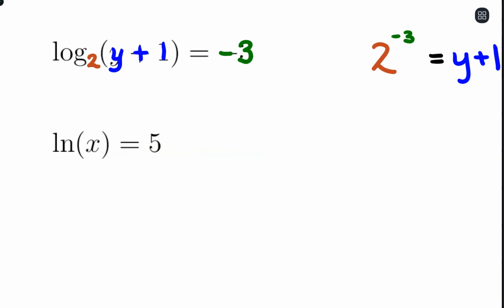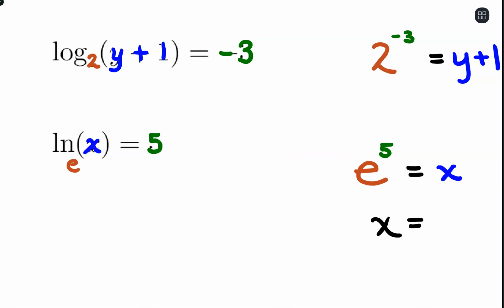Okay, natural log of x equals 5. So this has a base of e, the value inside the logarithm, which is x, and then logarithm equals, and that's going to be an exponent. So we have base e to the power of 5 equals x. And this is another one we could plug into the calculator.